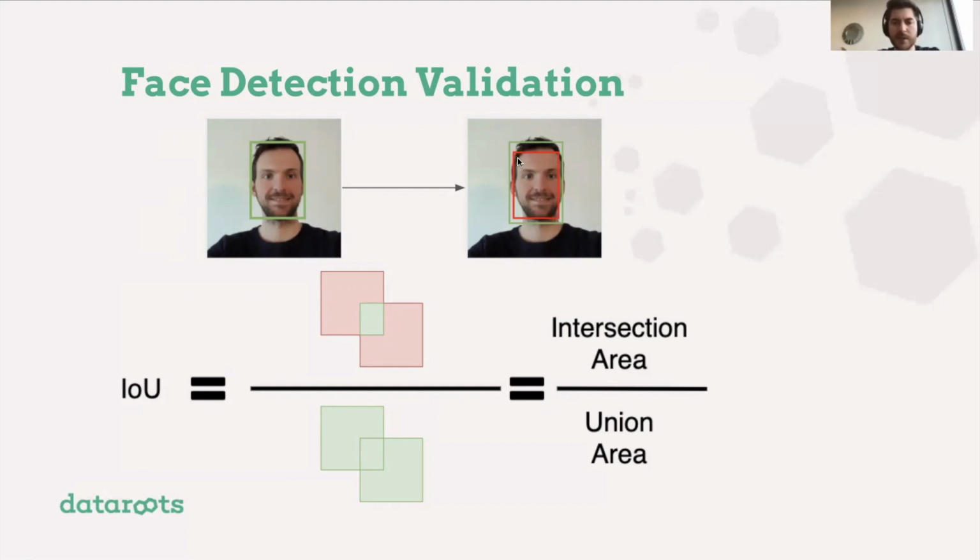And if the intersection of these two boxes divided by the union of these boxes is greater than 0.5, then it means that our prediction is correct. So in this case, as you see, the intersection over union is obviously greater than 0.5, and we can say that this prediction is correct.